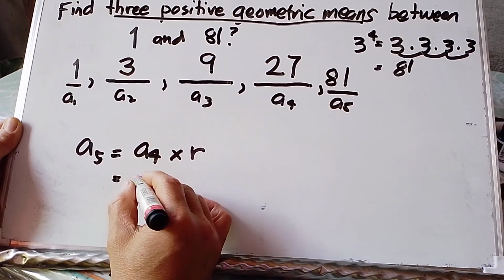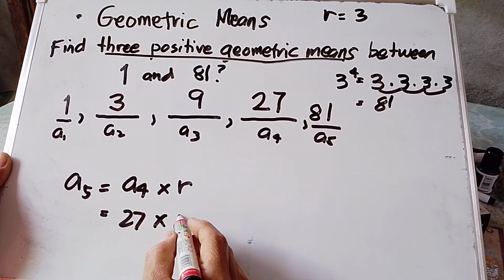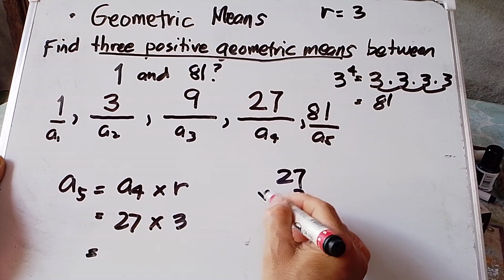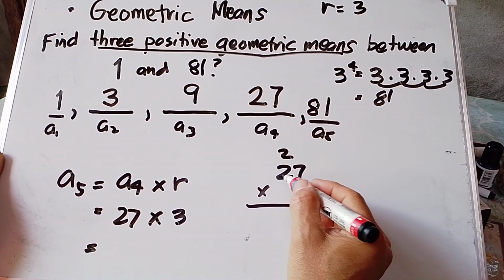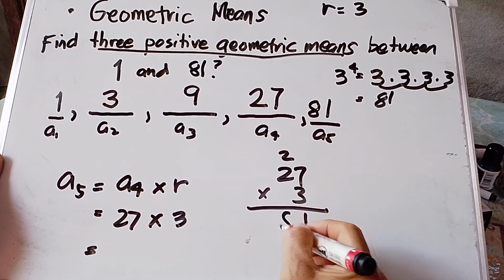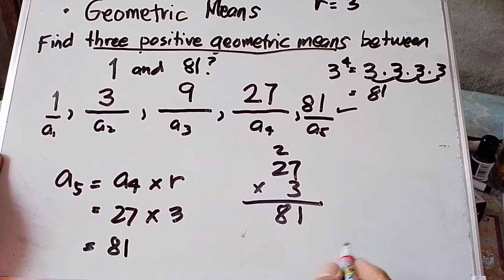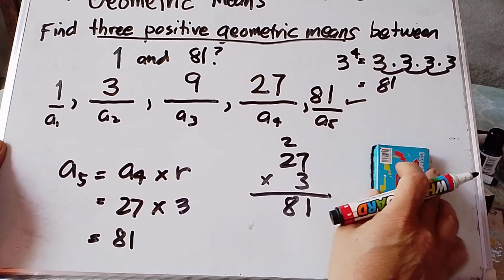So a4 is 27 times the common ratio, 3. 27 times 3. 7 times 3 is 21, carry 2. 2 times 3 is 6, plus 2 is 8. So 81. So a5 is correct. So that's for number 1.